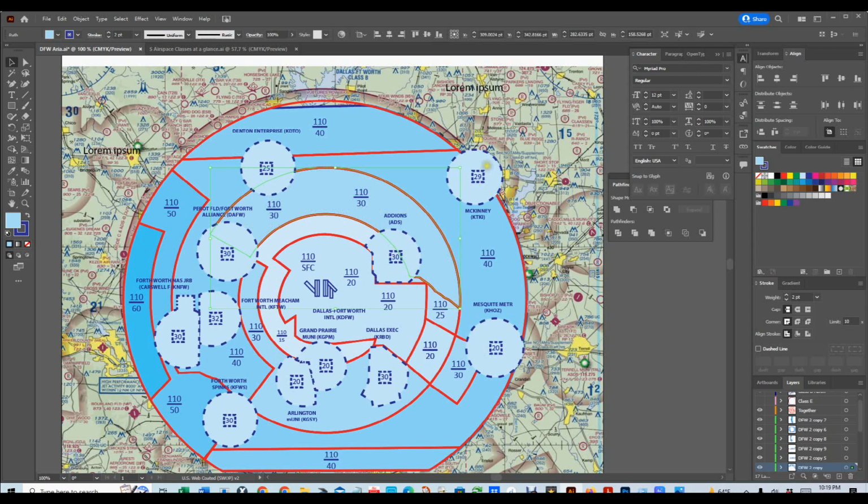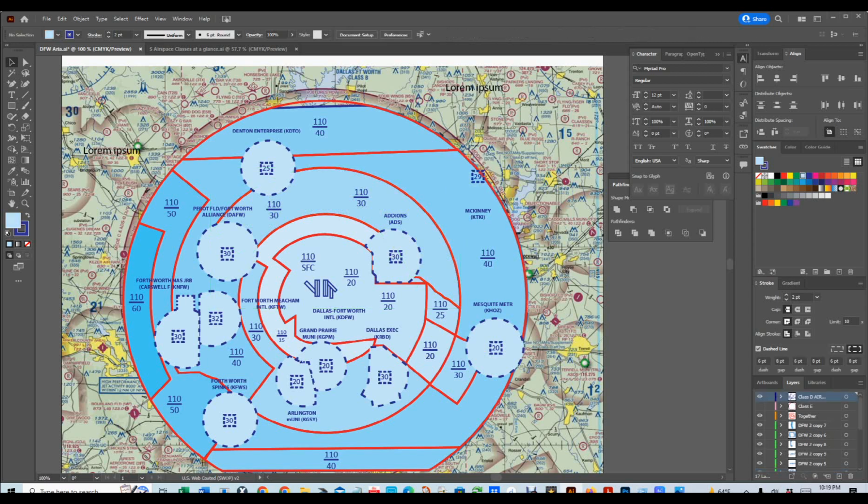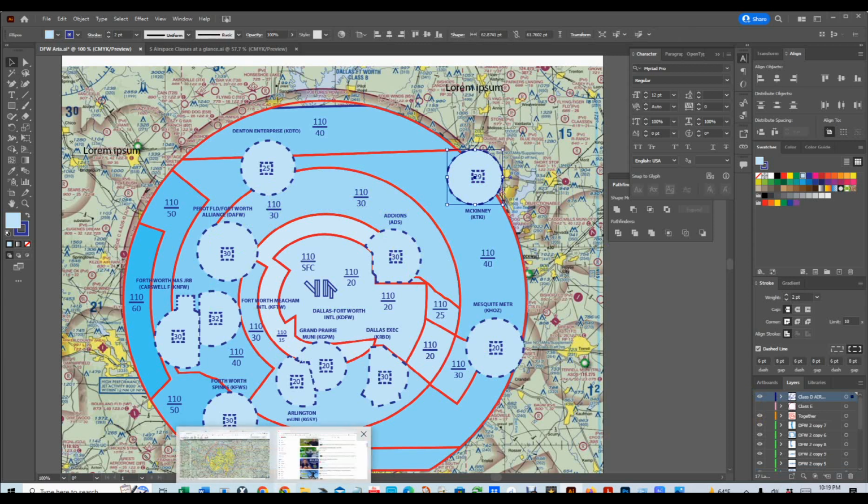Now you're going to see some areas like this which are Class D. So let me show you what SkyVector looks like, and it could be overwhelming. Okay, so when they were talking about the upside down cake, this is what they're talking about.